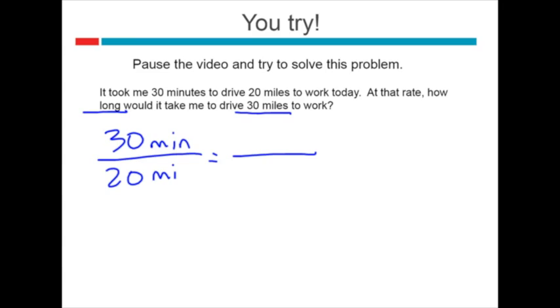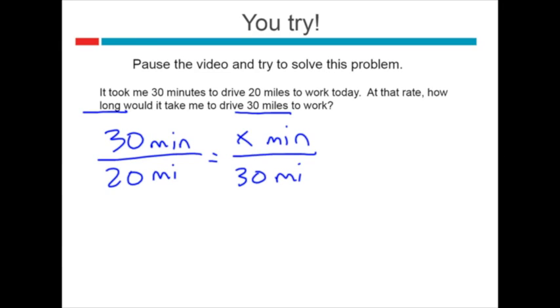So I have to make sure my units match up. My 30 miles is going to go on bottom to match up with my 20 miles down here. So I'll put 30 miles on the denominator over here. And how long, how many minutes, that's my missing variable. So I'm going to put up top x minutes.